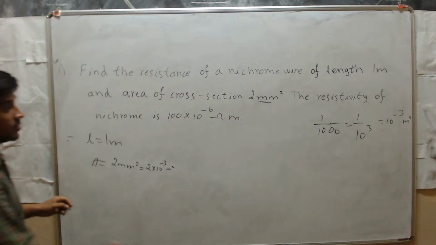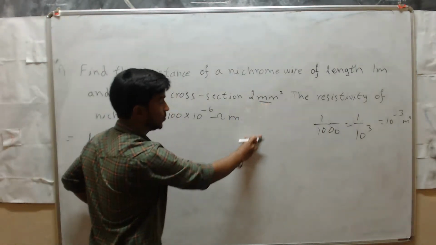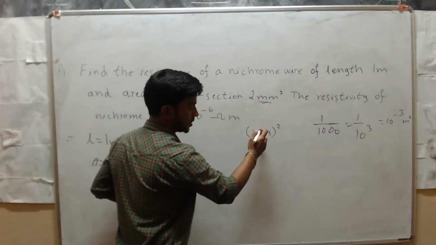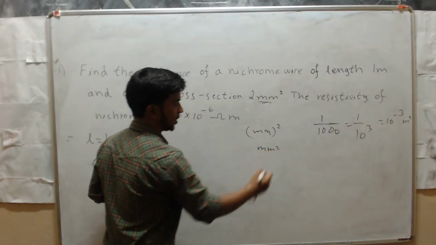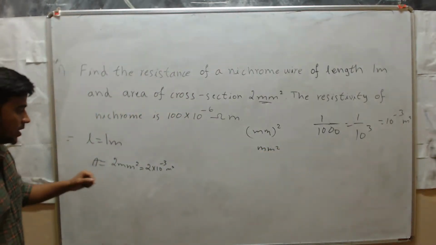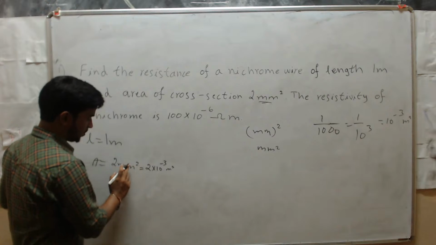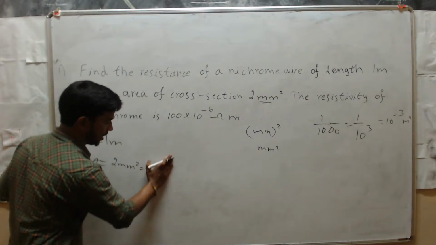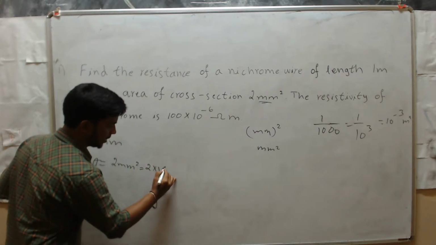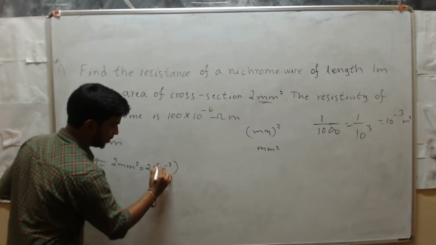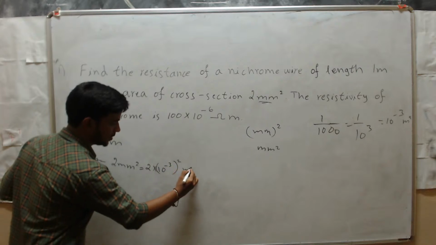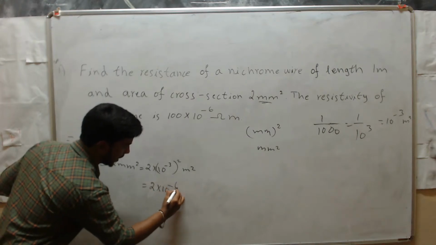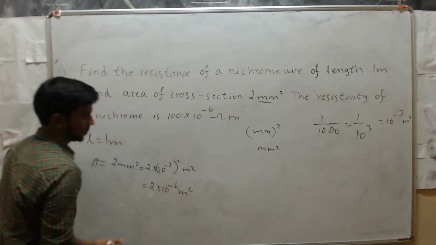And one more thing here, see, millimeter square means millimeter whole square actually. So we should take the square here: 2 into 10 raised to the power minus 3, whole square, that is meter square. We can write this as 2 into 10 raised to the power minus 6 meter square.